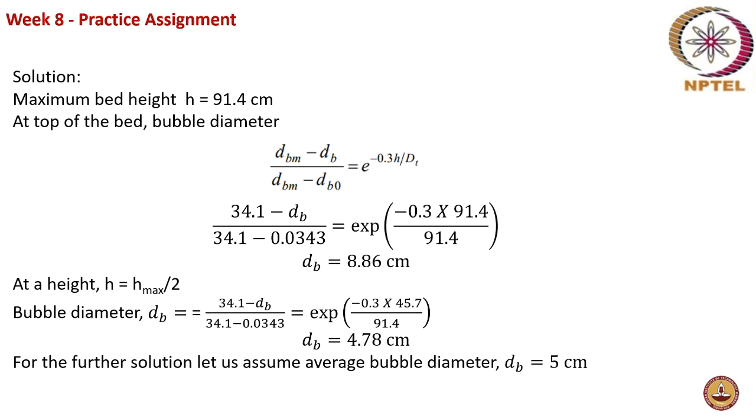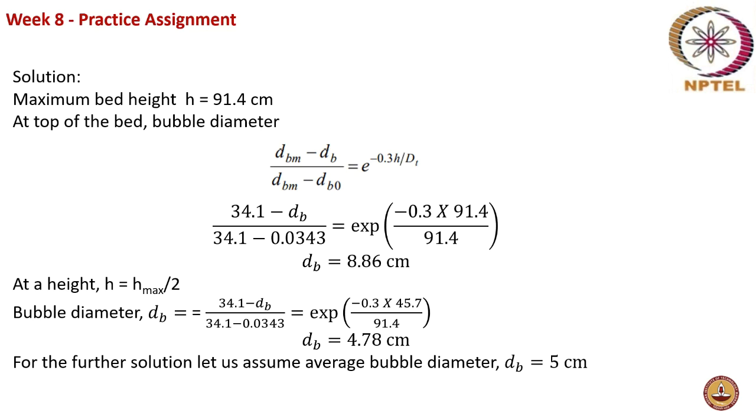Yes, ma'am. Because along the height also there will be a variation in bubble diameter, so we just take some average. For that average, we consider some mid height, substitute it in that expression, find the diameter of the bubble, and then use that diameter for further solution.